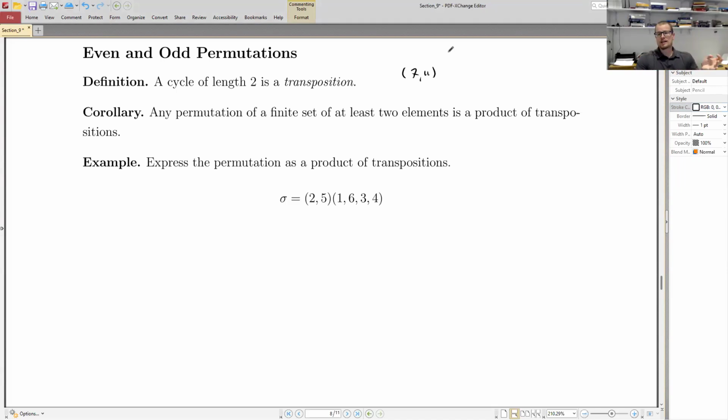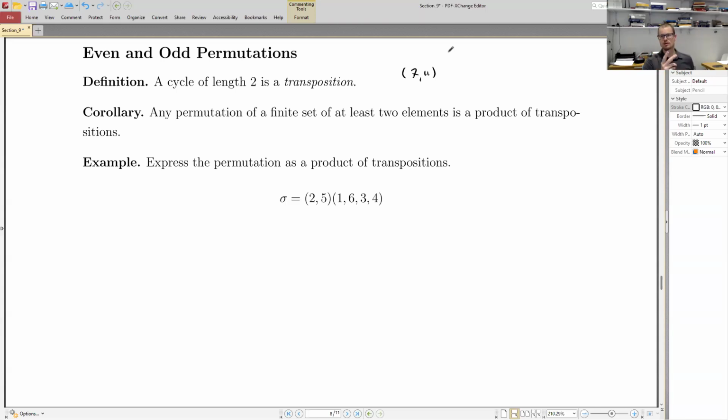Conceptually, the book calls it naive, but it's fine, any permutation can be obtained by swapping pairs of elements until we end up with the desired permutation. As we swap pairs of elements, each individual swap is a transposition.